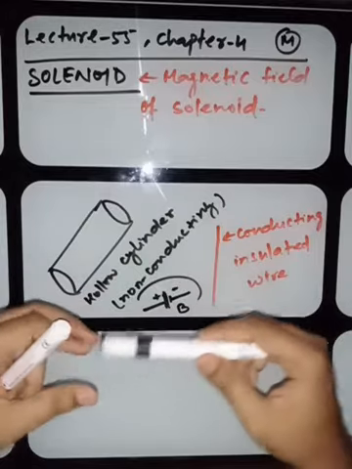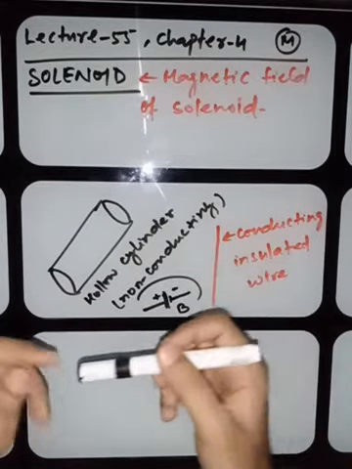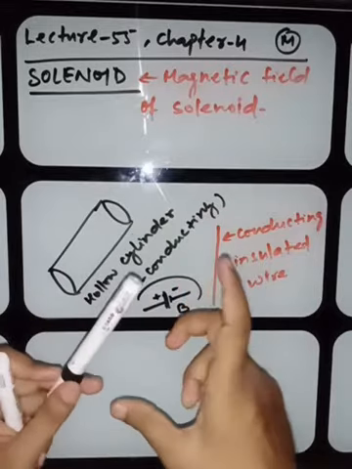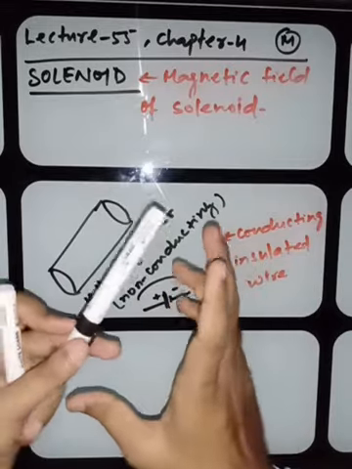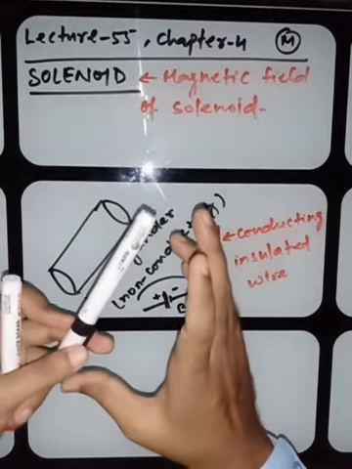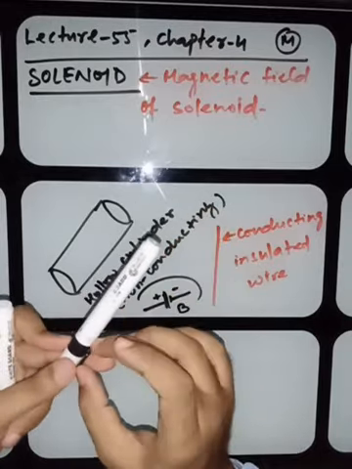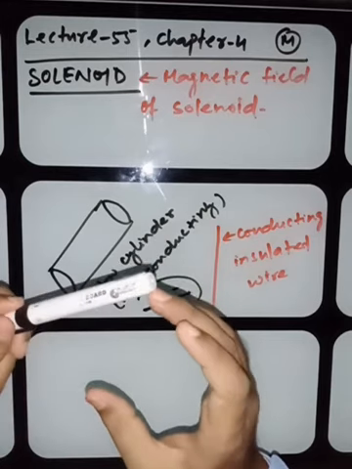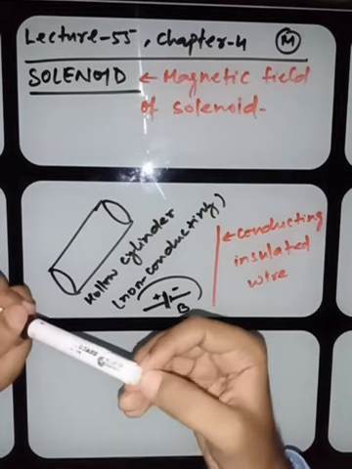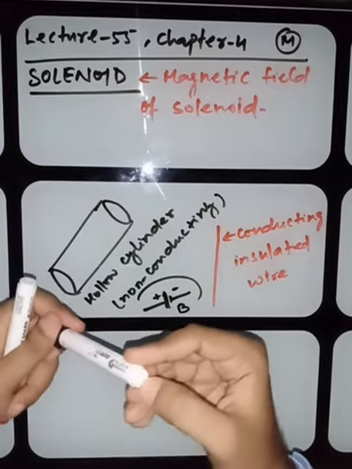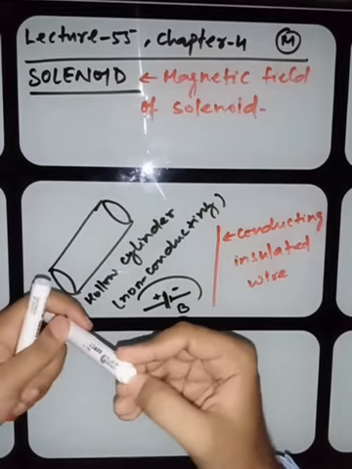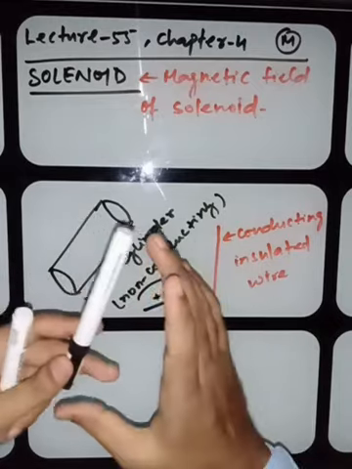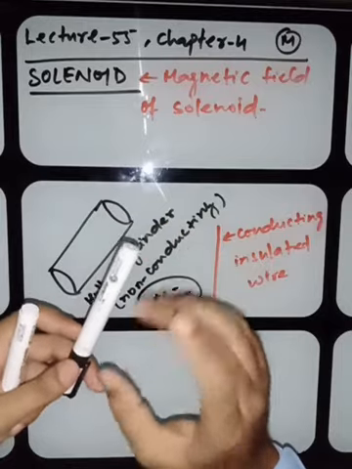The second thing: in our syllabus we study two types of solenoid, one of finite length and another of infinite length. What does infinite length mean, my dear students? The infinite length solenoid means the length of the solenoid is very large compared to its diameter. If the diameter is very small with respect to the length, then we treat it as a solenoid of infinite length.